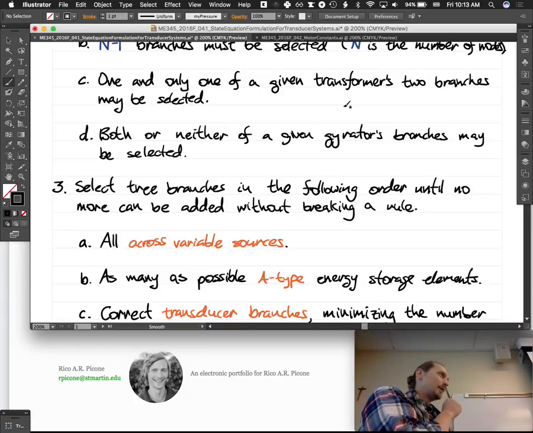Yeah? Generally, wouldn't you want to look for transducer branches that share a node with the t-type element? So, yes. That is a good guideline to use. It's not necessarily always going to hold true, but if you choose one that connects to a t-type element to be in the normal tree, then you have reduced the likelihood that you'll need that t-type to be in the normal tree to finish the tree.